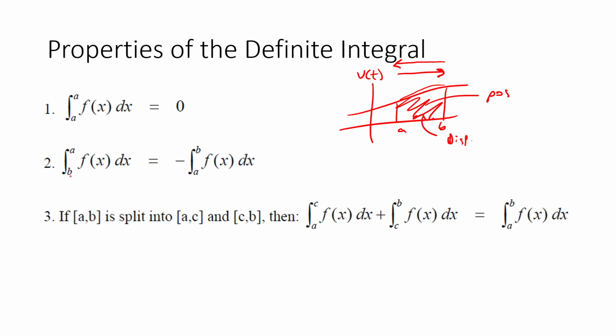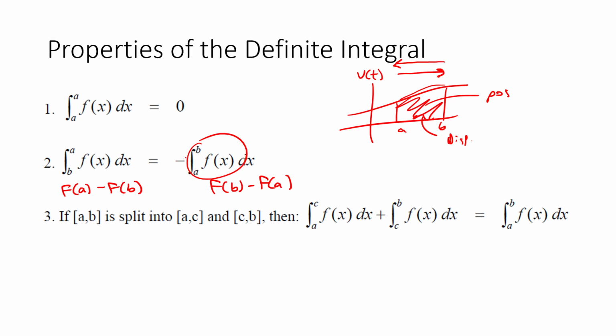That's a little hard to imagine, so let me just go right to the fundamental theorem to help justify this. Think about if you were going to do this integral. With the fundamental theorem, you would do f of a minus f of b. You always plug in the top number first. If you were going to do this other integral, you would do f of b minus f of a. Well, these are going to be the same number, but opposite.